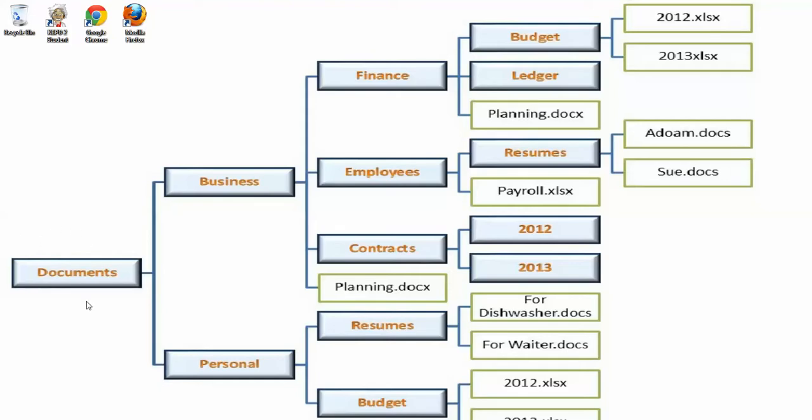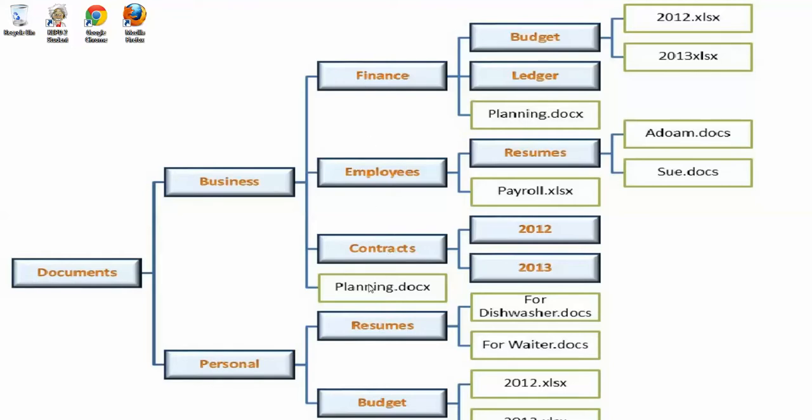Let's say this is the main, the top, the base, or whatever you call it. This is where you start, and I divide it into two: one is business and the other one is personal. In the business I have three subfolders: finance, employees, and contracts.